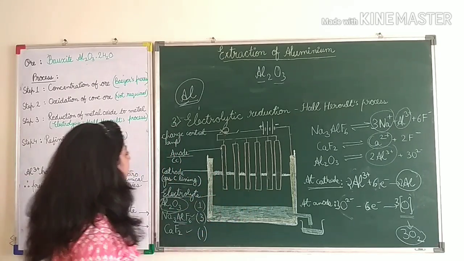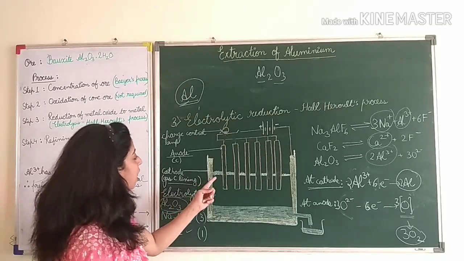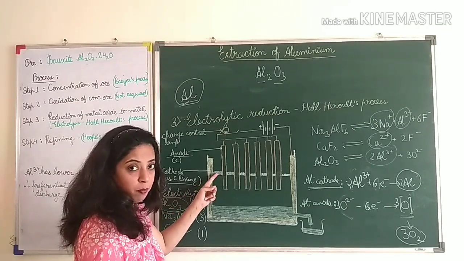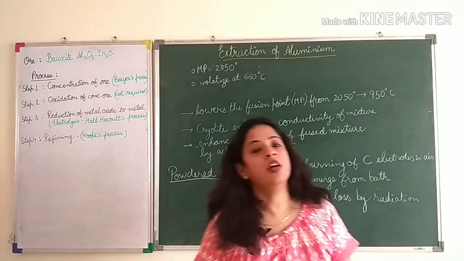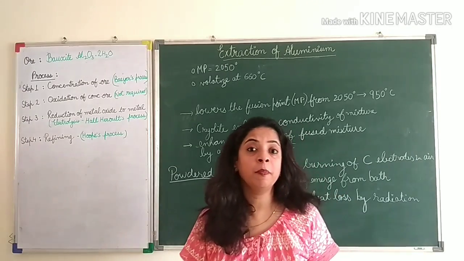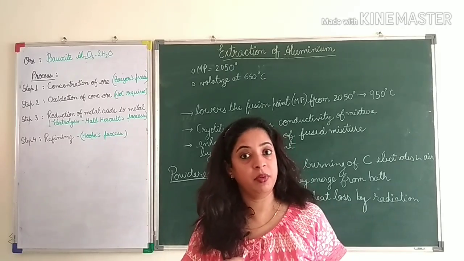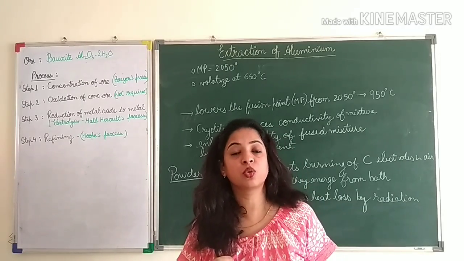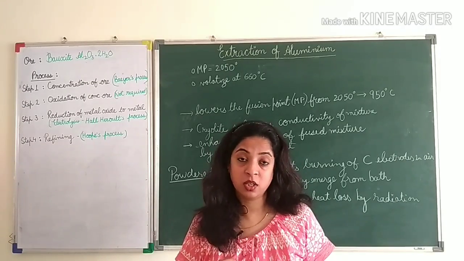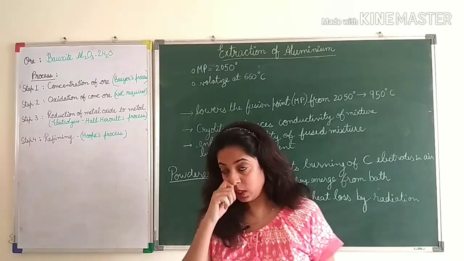Now let me discuss why we have used this powdered coke here. Children, there were many problems faced during the extraction of aluminium. Initially, the melting point of aluminium was 2050 degrees Celsius, so reaching that temperature was a very difficult process.